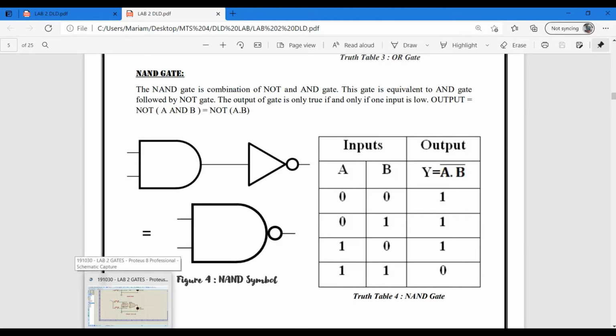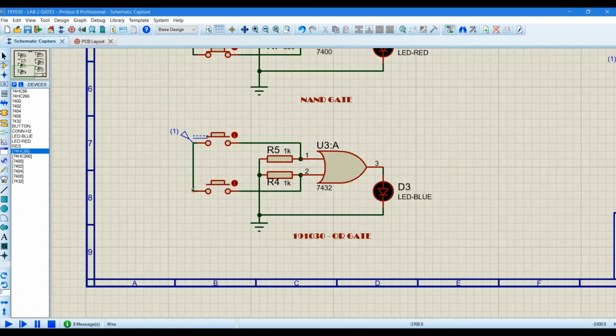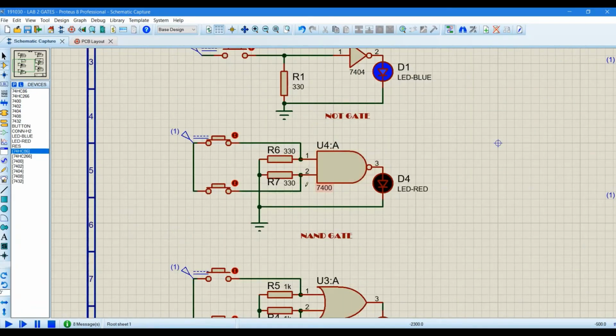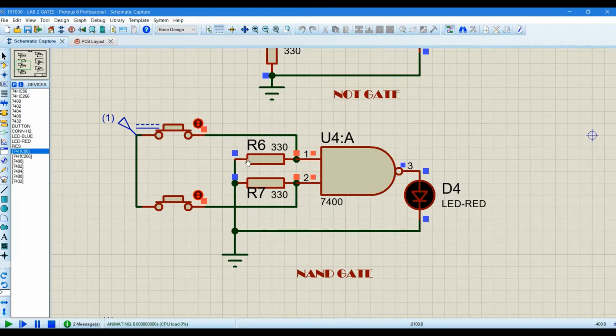Let's get into the simulation. Its IC is 7400. Here, as shown, both are at high state, but still the LED is not on, because it contains a NOT gate which gets the reverse of the AND gate output.